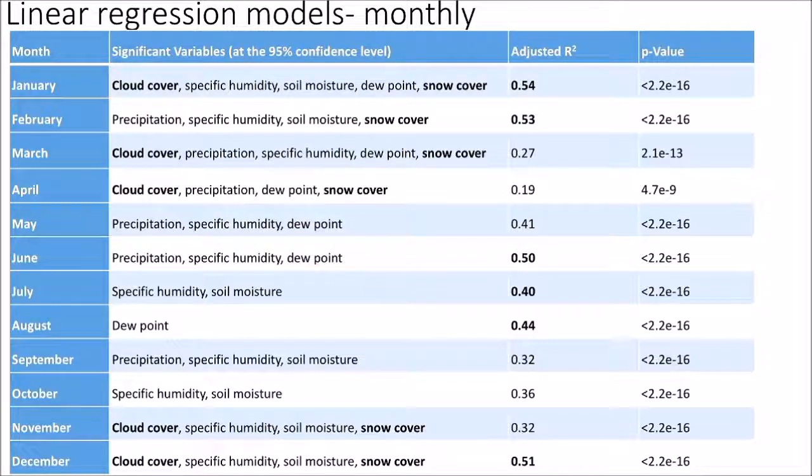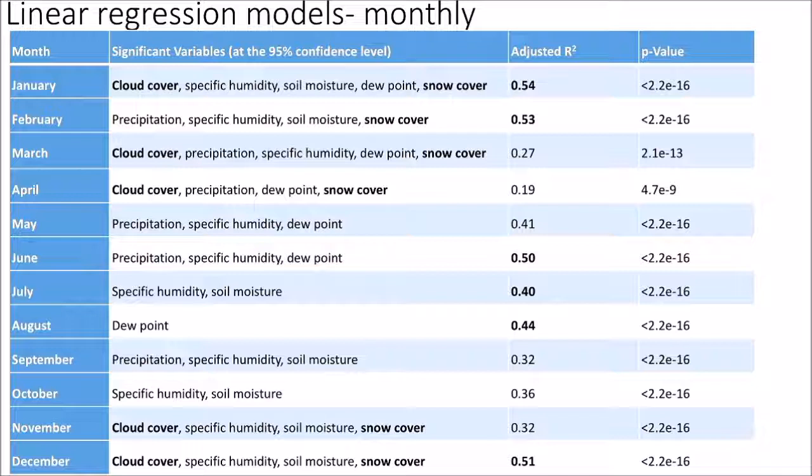And also, going back to the fact that variables were typically most significant during the times of year where they may be most important in controlling temperature. For example, cloud cover, of course, in most places is greater in the winter, so we see cloud cover popping up significant in the cool season months, but not really in the warm season months.